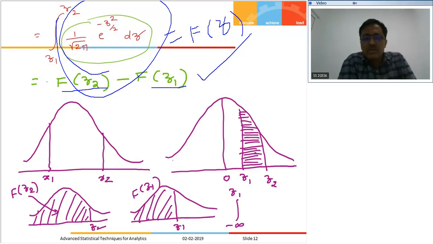Once f of z is available, we replace the upper limit minus lower limit, that is z2 minus z1. That gives the probabilities that we are looking for. So generally integration is some kind of problem most of the time.